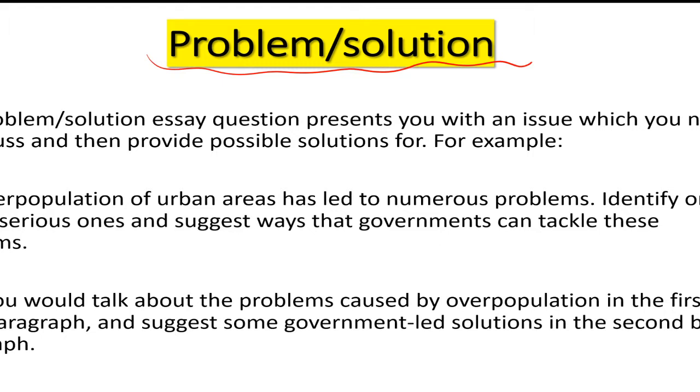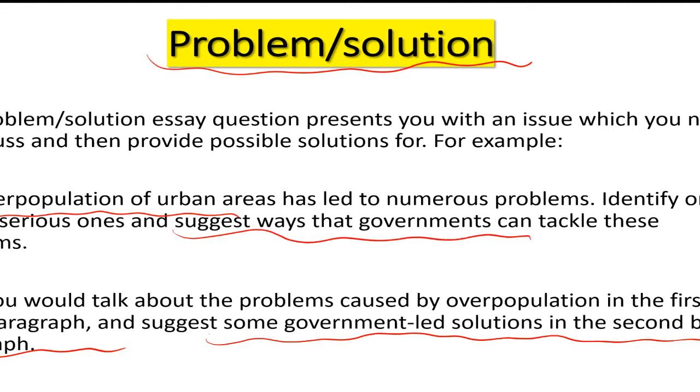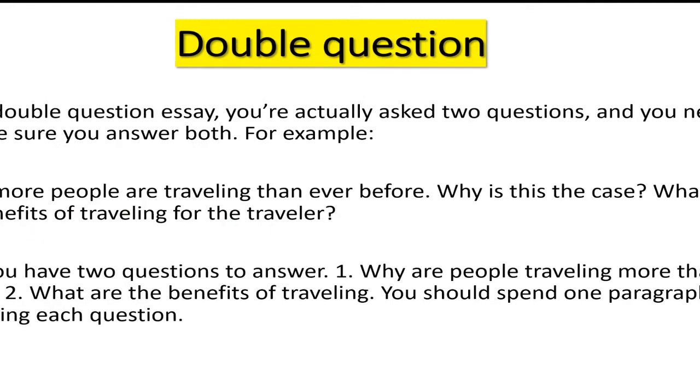So here you would talk about the problem caused by overpopulation, right? You need to talk about the overpopulation in the first body paragraph and suggest some government led solutions in the second body paragraph. So first body paragraph is about overpopulation and second the suggestions of government. So that's the problem and solution essay.